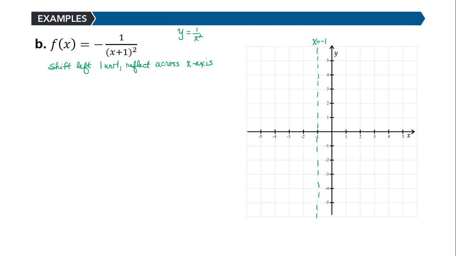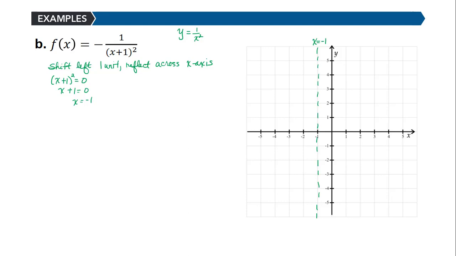If I set x plus 1 squared equal to 0, I get x plus 1 is equal to 0, so x is equal to -1. And again, we have an even multiplicity there, so I know that the graph is going to behave in the same way on each side of that vertical asymptote.